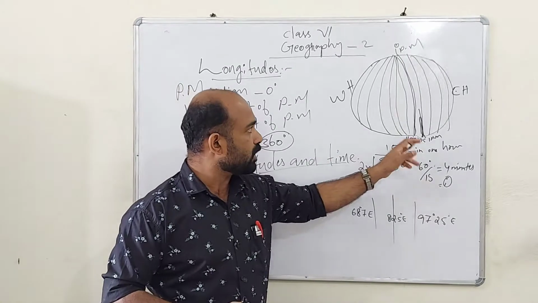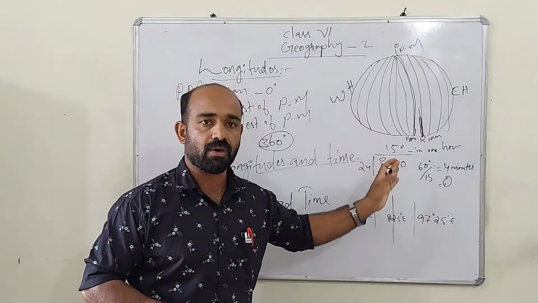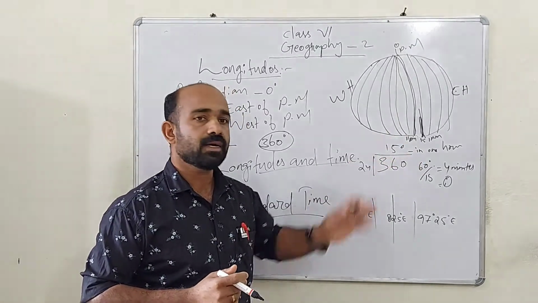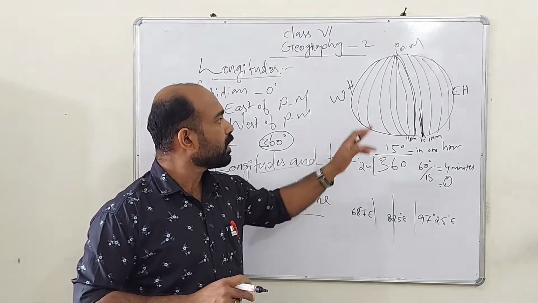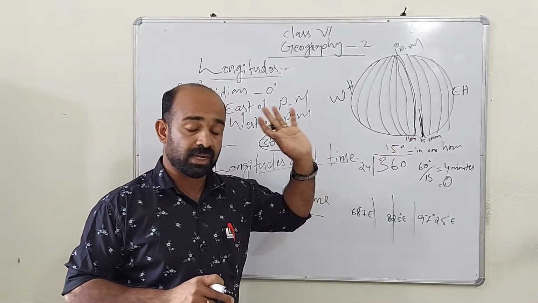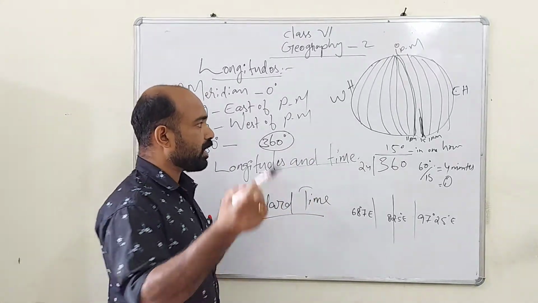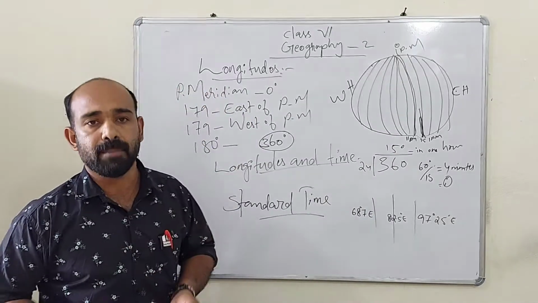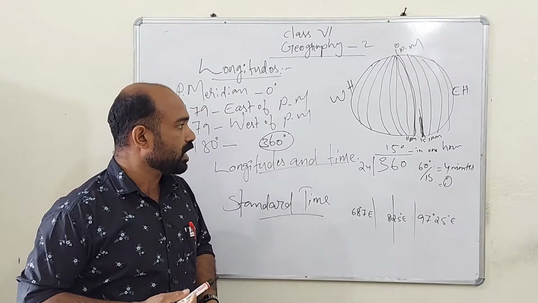So, when we calculate the time, if prime meridian is at 12 o'clock, at 15 degree longitude of the eastern hemisphere, the time will be 1 p.m. Similarly, when it is 12 p.m. in the prime meridian, time will be 11 a.m. in the Western Hemisphere, because here time will be behind.